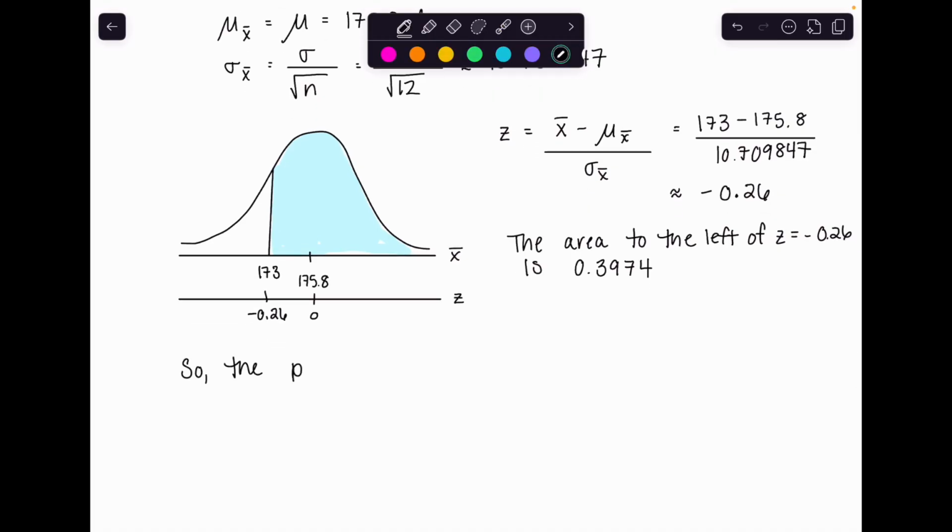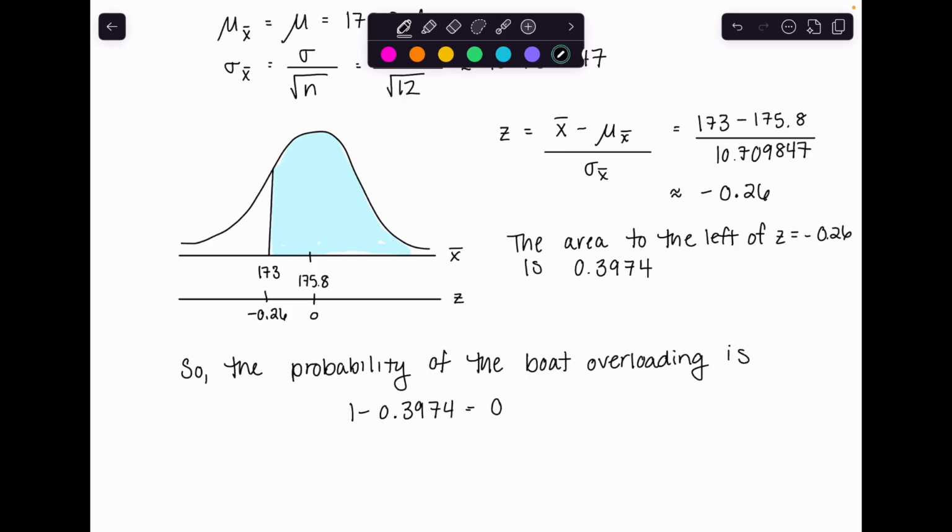So the probability of the boat overloading is 1 minus 0.3974, which is 0.6026.